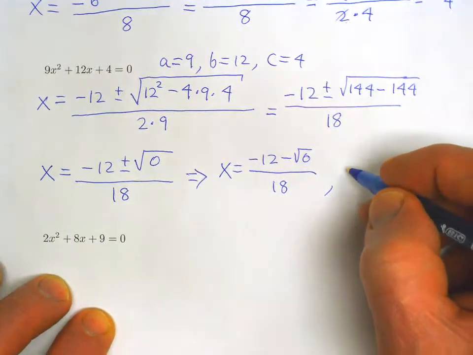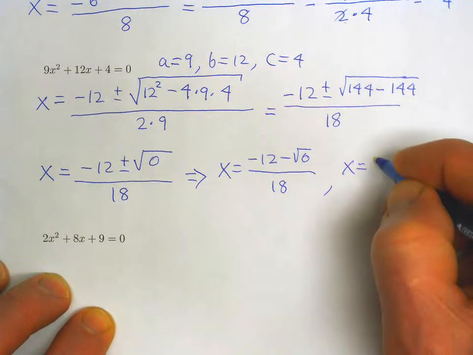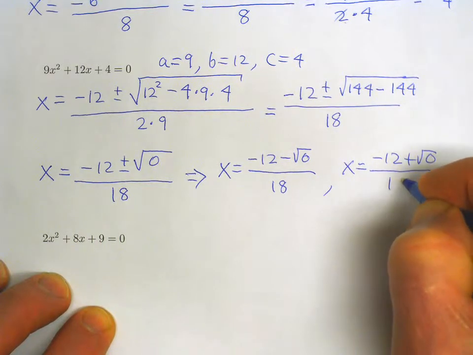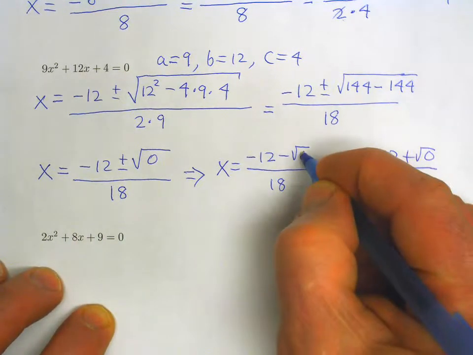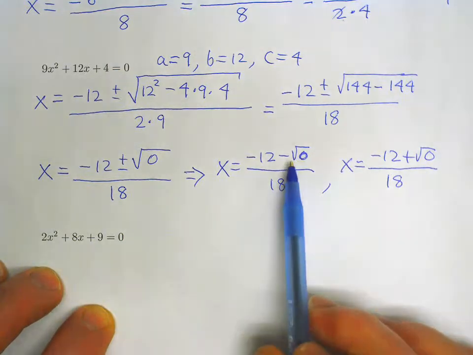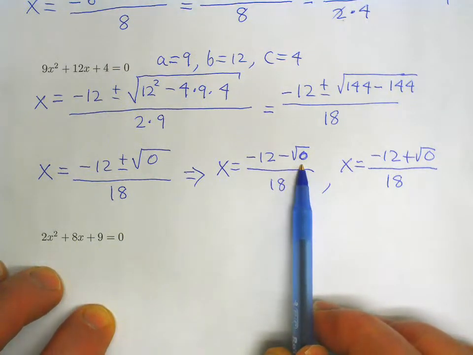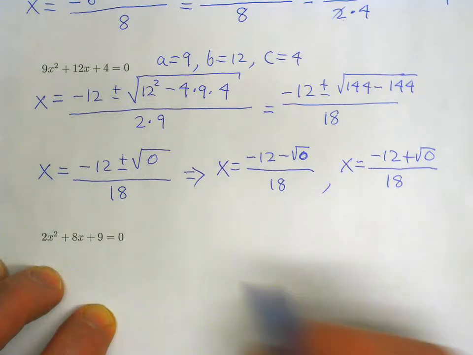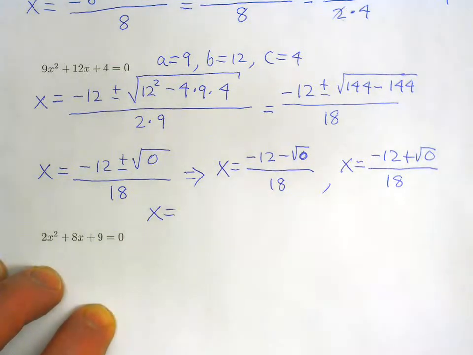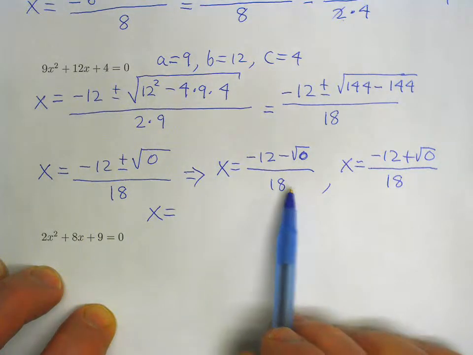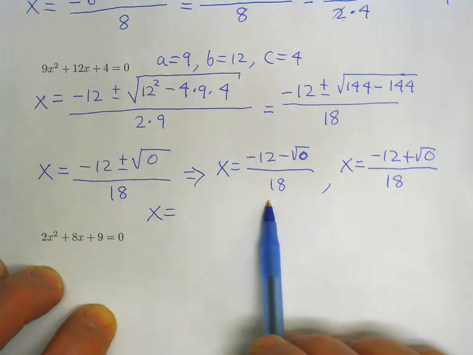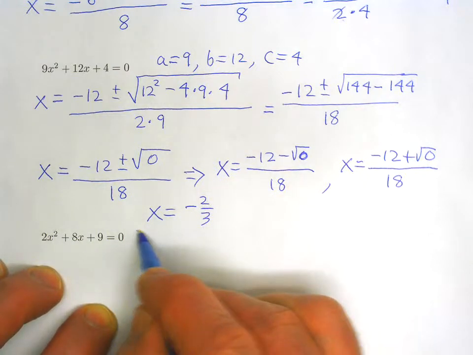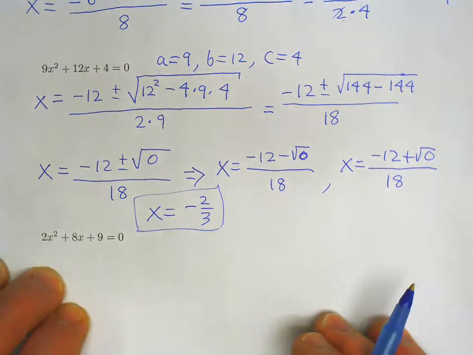And the other solution, x equals -12 plus the square root of 0 divided by 18. The square root of 0 is 0, and if you subtract 0, that in effect has no difference than when you add 0. So there's just one solution, -12 over 18, and then we write it in lowest terms. So it's just -2/3 in its lowest terms.